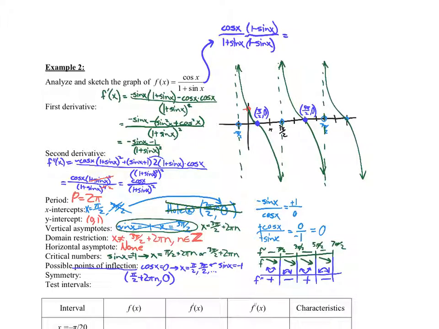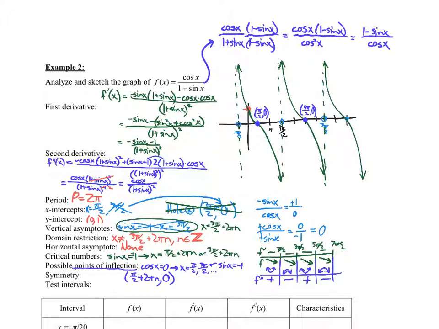Now, you'll notice what happens here is I have a cosine times (1 minus sine x) over 1 minus sine squared. Well, 1 minus sine squared is cosine squared. And now I have (1 minus sine x) over cosine.